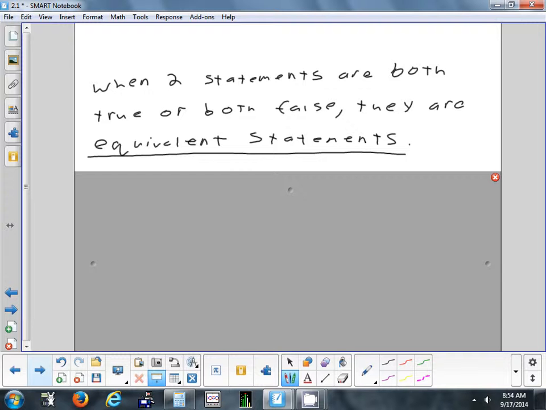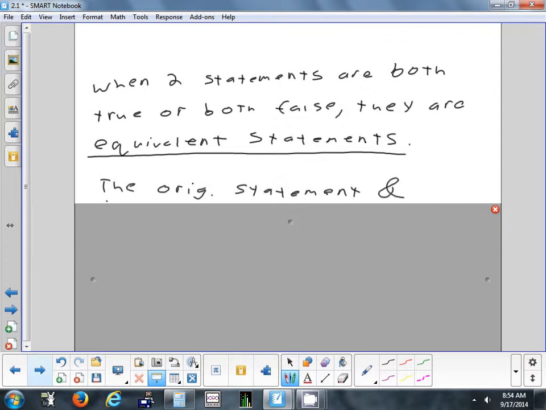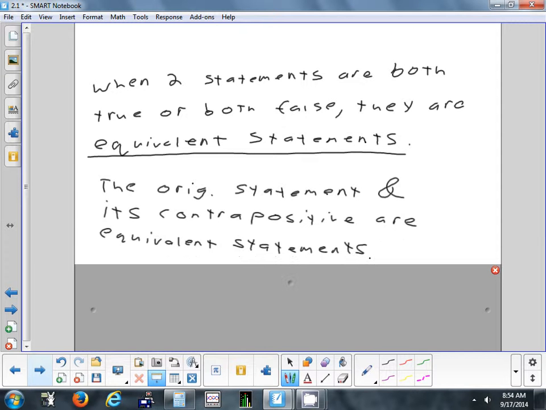You just covered what I was about to ask. This is a fact right here. This is always true. The original statement and its contrapositive are always equivalent. So that means if the original statement is true, then the contrapositive is true.